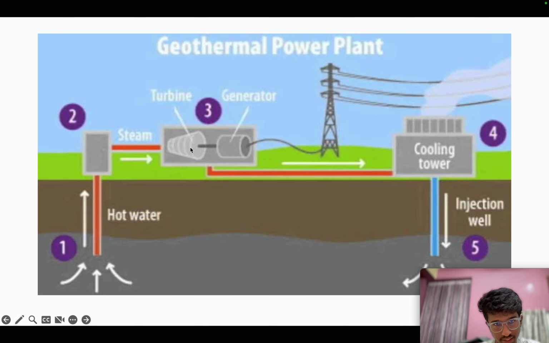This turbine rotation causes a generator to generate electricity. The heat is dispatched here, and the cool water is sent to the cooling tower and injected back into the ground source, where again the water is heated. So it is a cyclic process of getting the energy and converting it back from the sources.